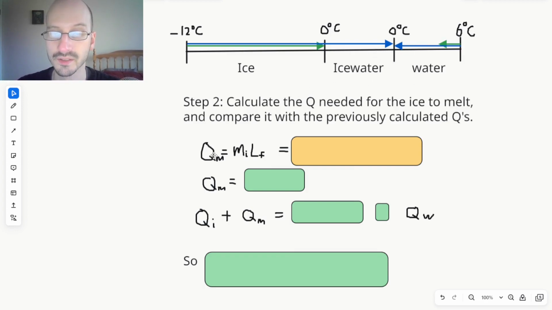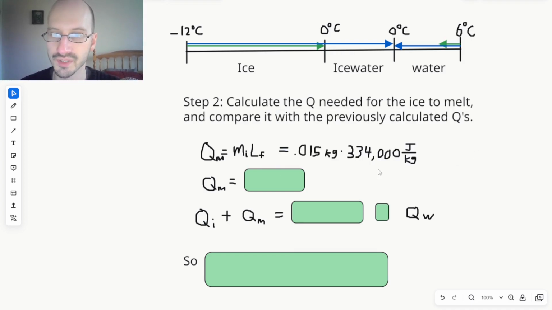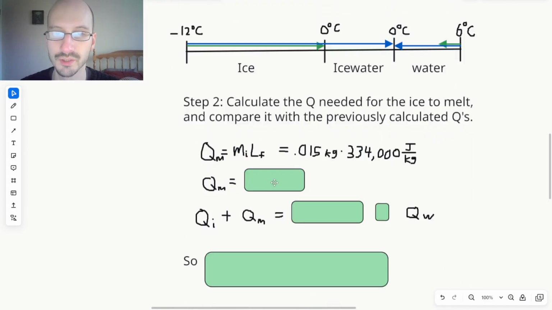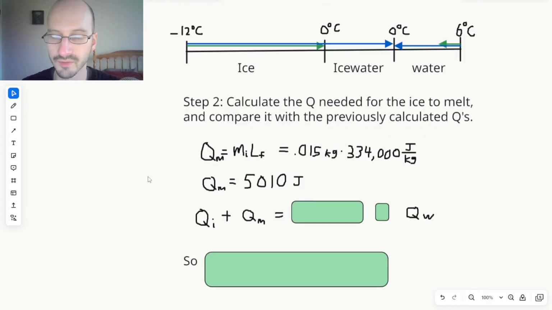So the heat to melt the ice, I'm going to call Qm, is equal to the mass of the ice times the latent heat of fusion of water. And we put the numbers in, 334,000, which we saw on a previous page, and the number for this is 5,010 joules.